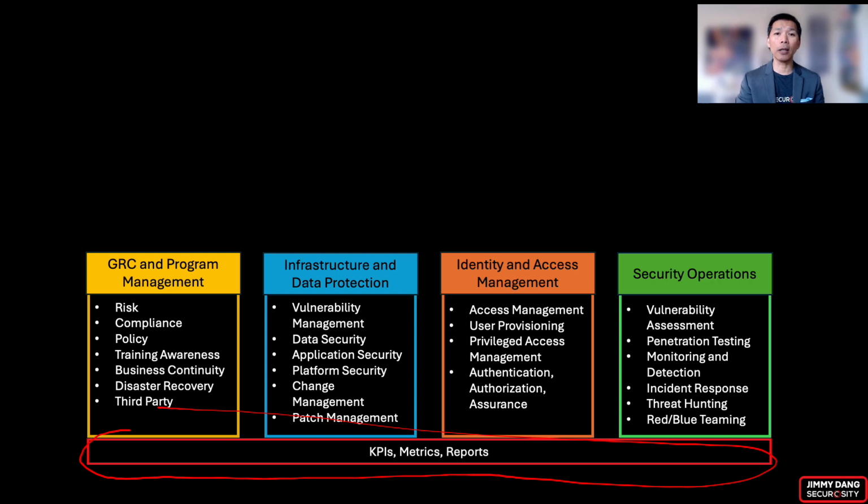Metrics help in assessing the health of the security program and ensuring that it aligns with the organizational goals. Finally, reports. Reports enable stakeholders to understand ongoing activities, identify potential issues, and make informed decisions. They ensure transparency and accountability at all levels of the organization.